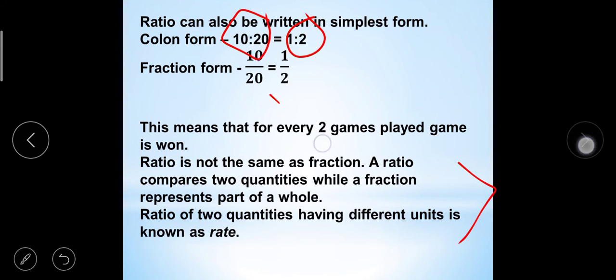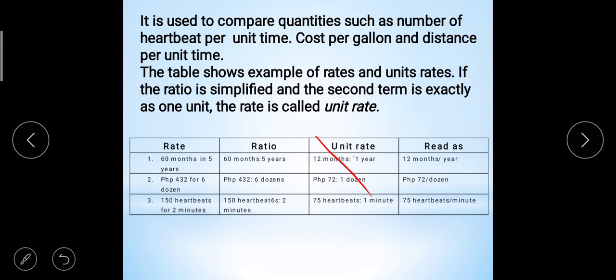Ano po ulit ang tawag sa two quantities having different units? Nico? Ano ulit ang tawag sa ratio of two quantities having different units?